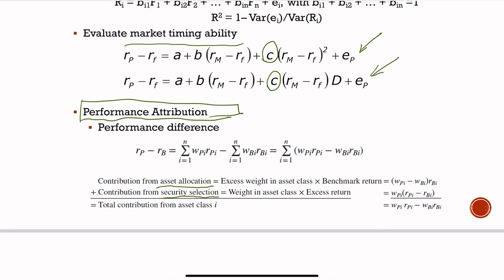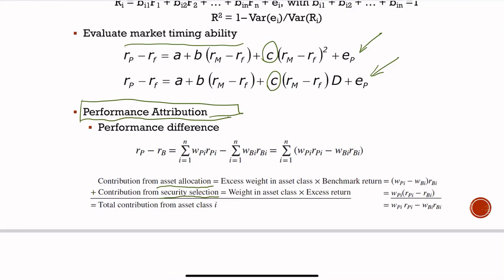And you can see the formula here. When calculating the contribution from asset allocation, you fix the return at the benchmark or bogey portfolio return, and then look at the portfolio weight differences in the two portfolios. This is very intuitive, because allocation means you're having a different portfolio weight. The second component is security selection.